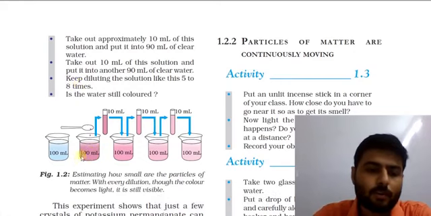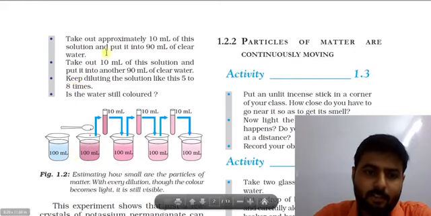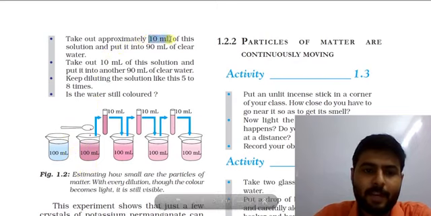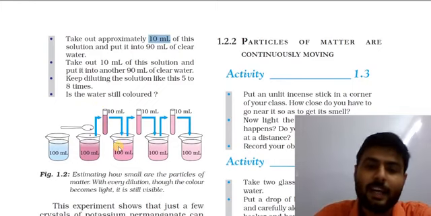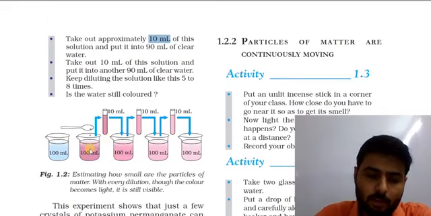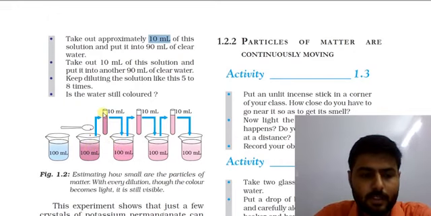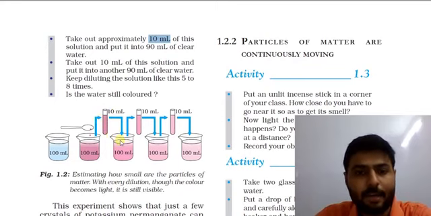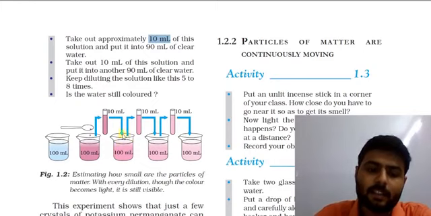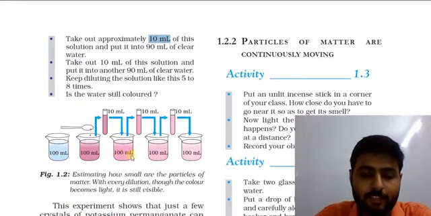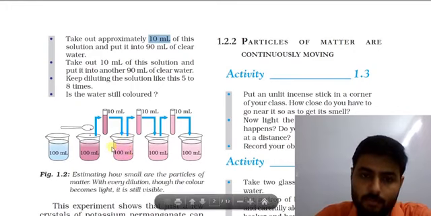Now from this 100 ml, we take approximately 10 ml of this solution and put it into another beaker which has 90 ml of water. Now we can see that this 90 ml of water, which was not colored before, seems colored now.